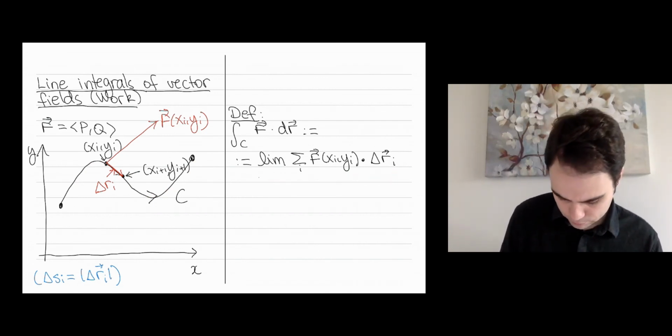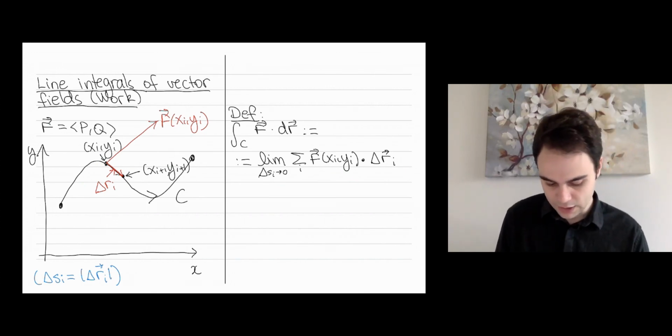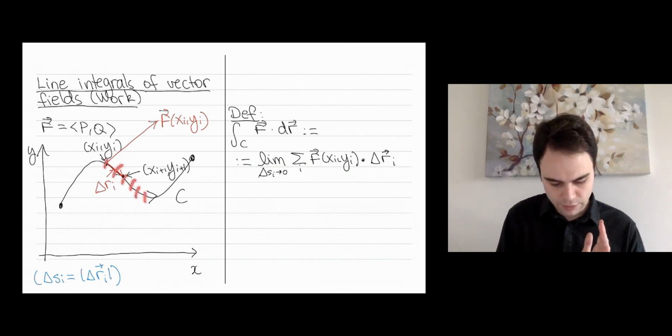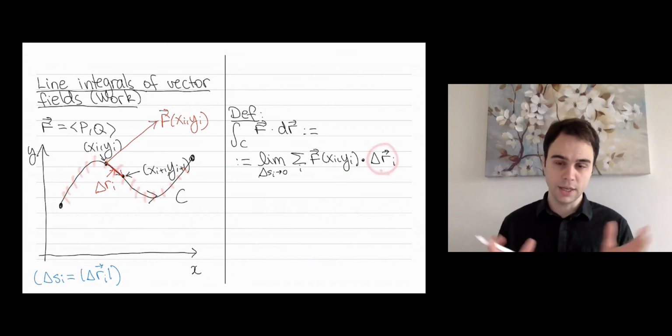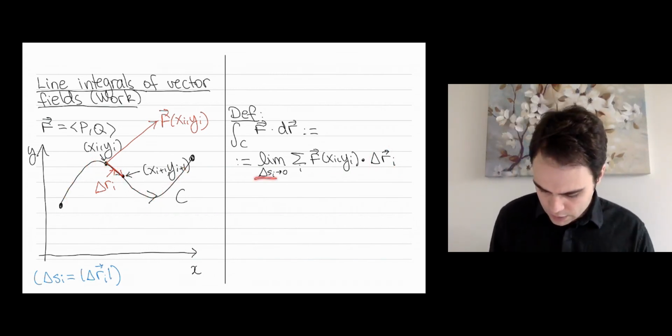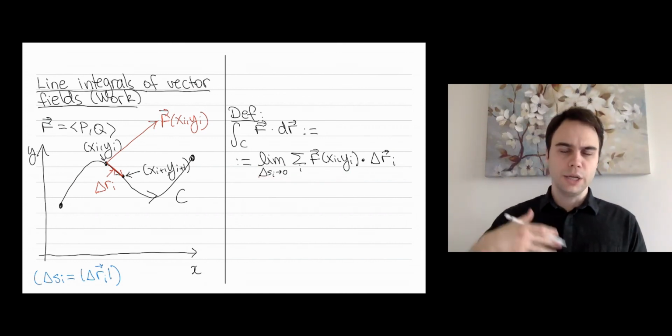This limit is going to give me a finite number because if I choose these points really close together, if I have a lot of points all cramped together, then delta Ri is getting smaller and smaller. So I'm adding more and more terms, but the terms are getting smaller and smaller.